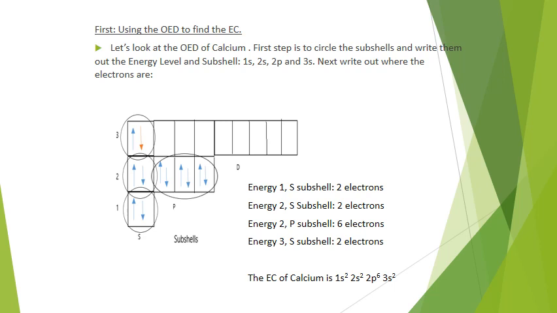And then finally 3S2. So this is the electronic configuration of calcium. From this you can see its valence shell is 3, and it has 2 electrons in the valence shell, so 2 valence electrons. So the highest number is the valence shell, and how many electrons are in the valence shell is how many valence electrons it has.